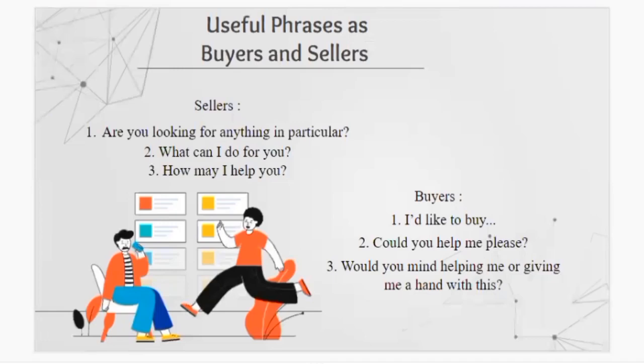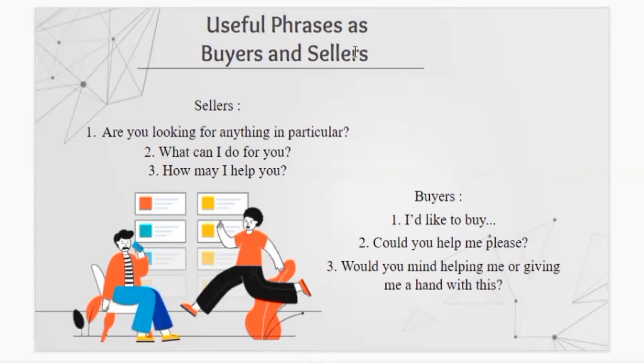In the next slide, we are talking about useful phrases as buyer and seller. The first is useful phrases as a seller. 1. Are you looking for anything in particular? 2. You can say, what can I do for you? And last but not least, if you are a seller, you can say, how may I help you?